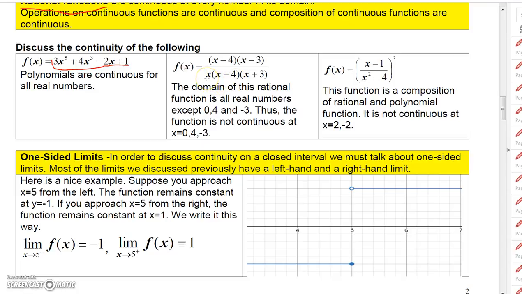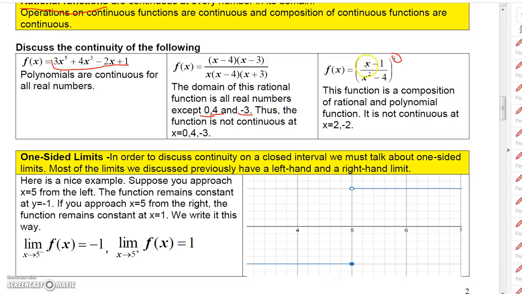Well, you know the denominator can't be 0, so 0 is not in the domain, 4 is not in the domain, and -3 is not in the domain. So this function is not continuous at 0, 4, and -3. This function is a composition of a rational function and a, well, I said rational and polynomial, but it's actually exponential because you're raising it to a power.